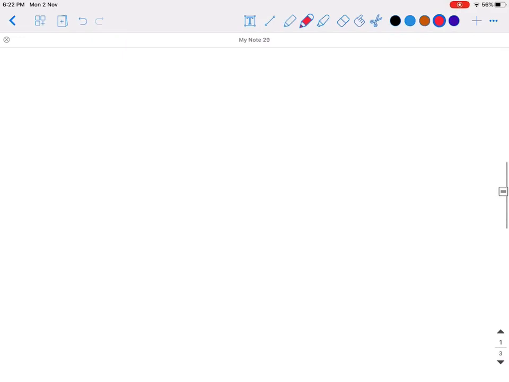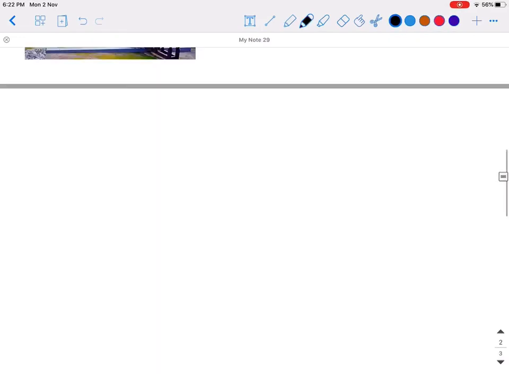So the objectives of this chapter are as follows. Internal and external flows have completely different physical characteristics.